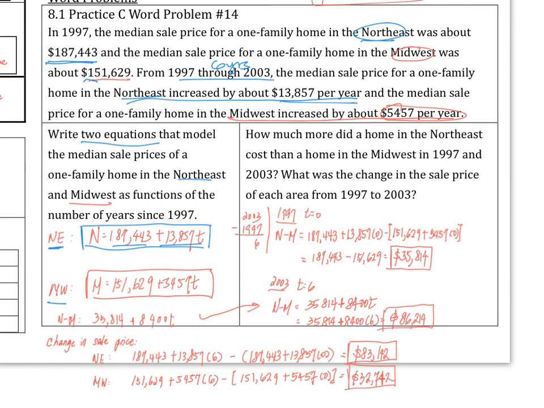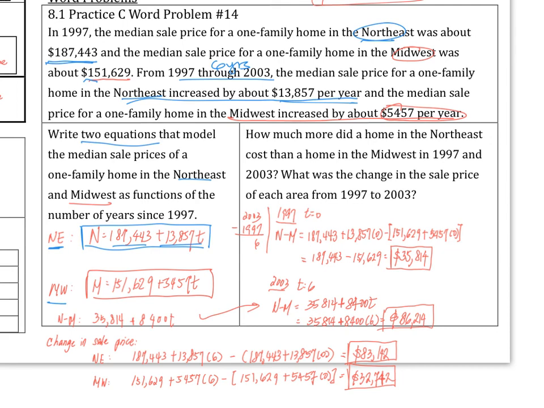Okay? And then you would end up with 187,443 subtract 151,629, because this gets canceled out and this gets canceled out. And then you would get $35,814 for 1997. And for 2003, the time would be a period of 6 years.